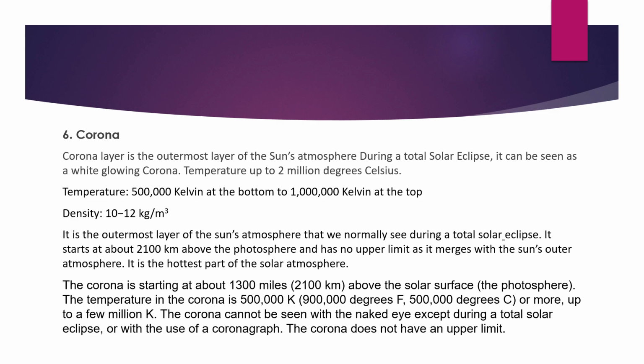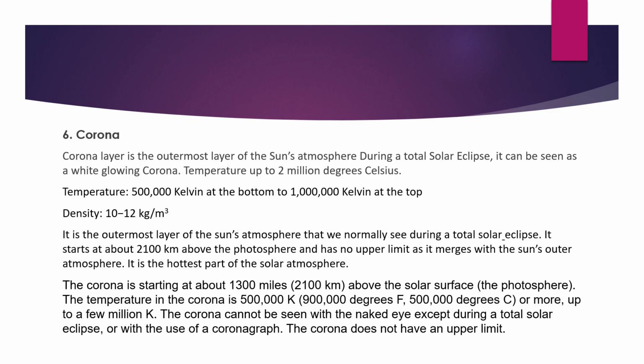It is the outermost layer of the sun's atmosphere that we normally see during a total solar eclipse. It starts at about 2100 km above the photosphere and has no upper limit as it merges with the sun's outer atmosphere. It is the hottest part of the solar atmosphere.